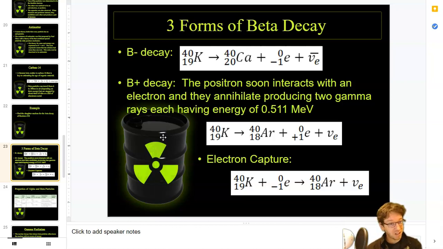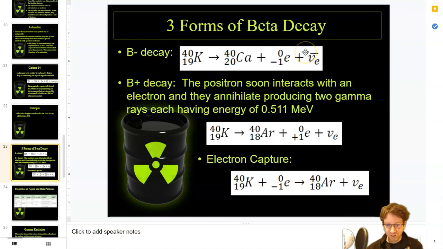So to conserve charge, we need another positive charge, and that's the anti-electron, or the positron, that gets shot out of the nucleus. And so I've written it here in this example. This is called a beta plus decay, where we have a positron being emitted. Now, when we emit an electron, we also get an anti-neutrino.